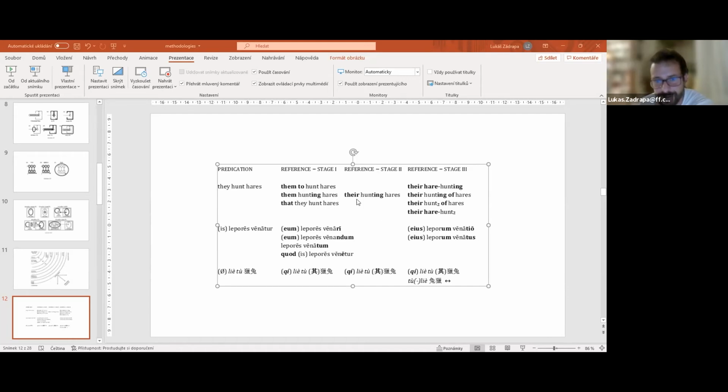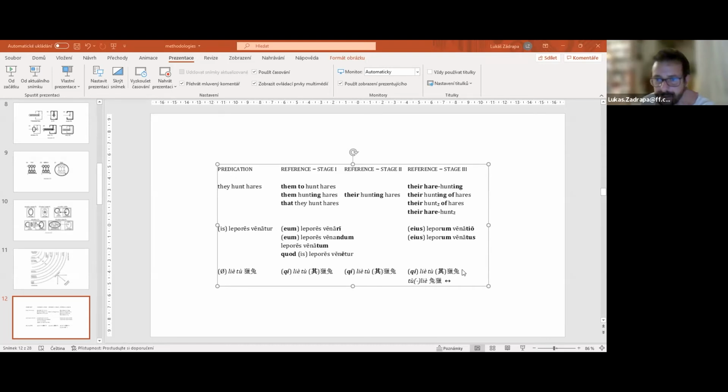The next stage is more nominalized in that the agent of the original process or event is coded as a possessor, their hunting hares or their hunting of hares. This is the next stage, which is quite special for English. Latin, as far as I know, does not have this stage 2, and the same applies for classical Chinese.